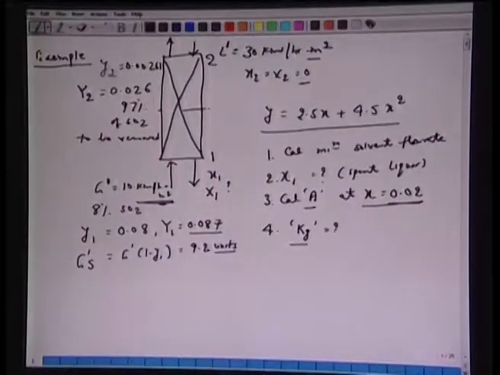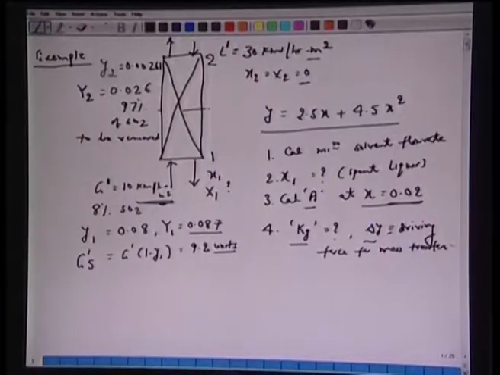So, what is small ky equal to at that same location where x equals 0.02. We have also been asked to calculate delta x and delta y, the driving force for mass transfer.